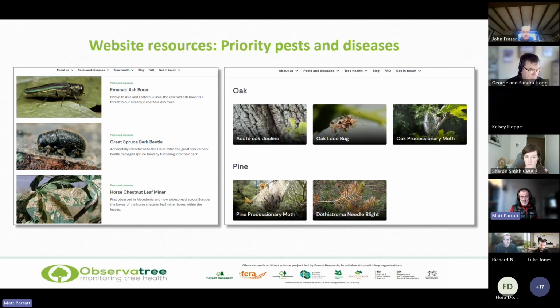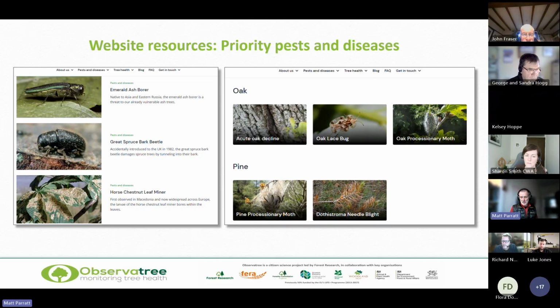One of the main resources there are the priority pests and diseases. These are Observatory priorities, not necessarily those that are applying to the wider industry. They are arranged by host tree species or by the pest or disease. So you can have a look at those and say, oh, I've got something wrong with my ash trees. What might be happening?